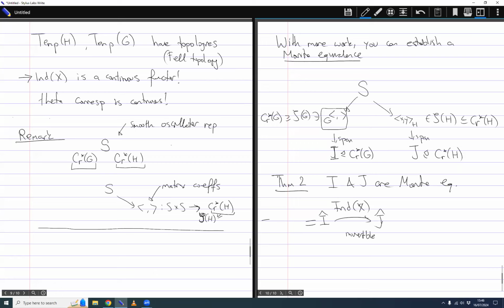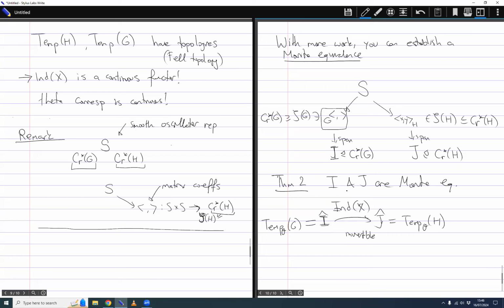So I don't know how to write that, maybe like this, tempered sub theta of G, and this is tempered sub theta of H. So the irreducible representations of these ideals: we have cut down the reduced group C-star algebras and thrown out all the tempered representations that do not enter the theta correspondence, so that we are working with these smaller subalgebras, ideals, and we show that they are Morita equivalent.